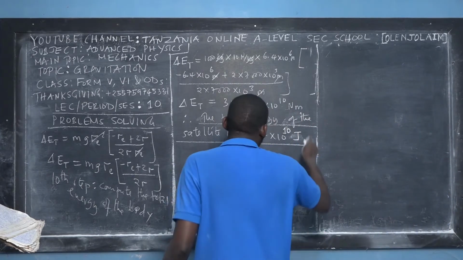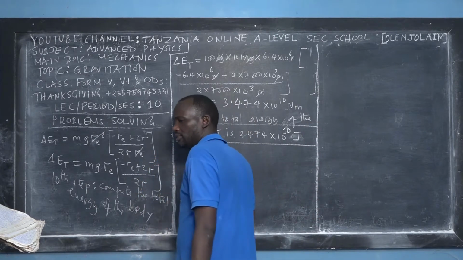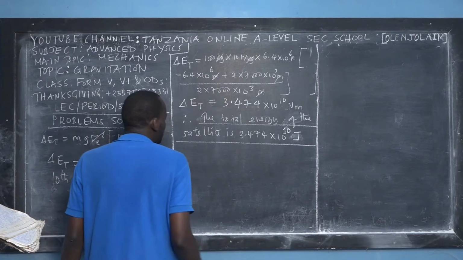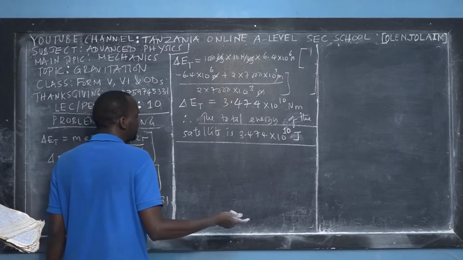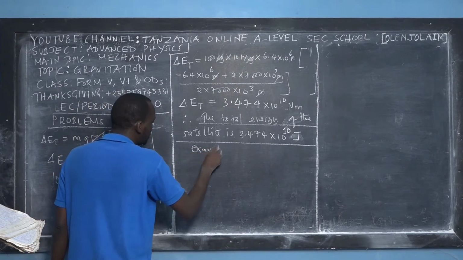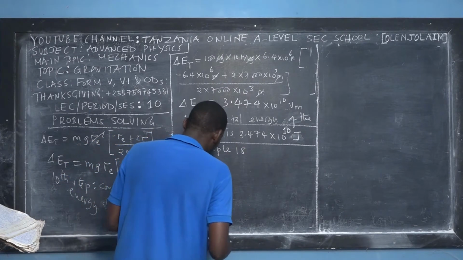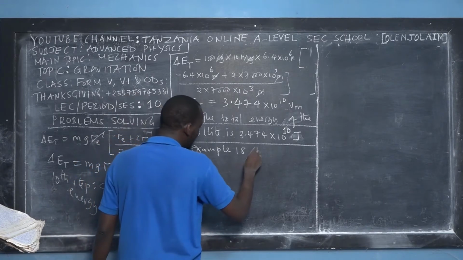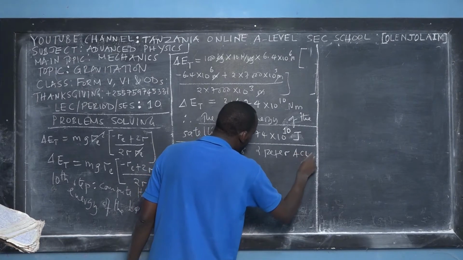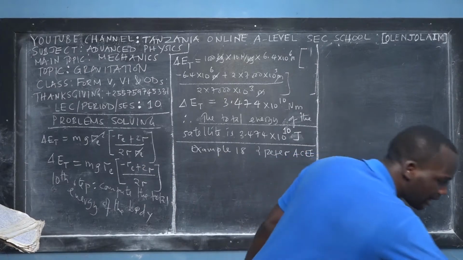So this will be example what? Was it 19? 17? Was it 18? Yes, 17. So this is example 18. If I confuse the numbering, you can correct me. Don't worry about that. So example 18, we say that refer Advanced Certificate of Secondary Education, the abbreviation is ACSEE.